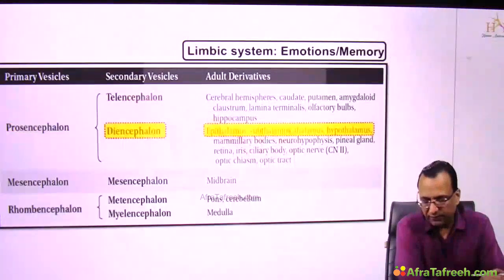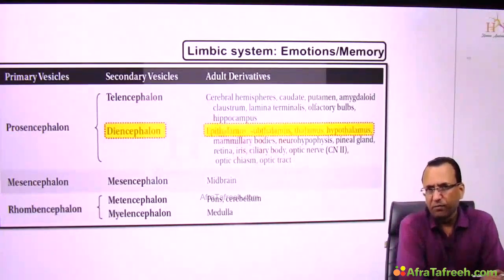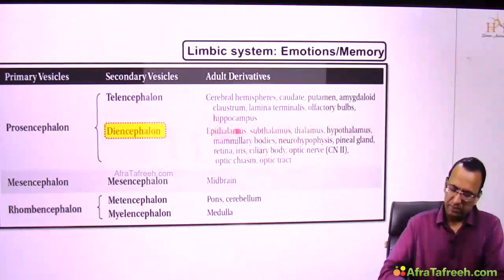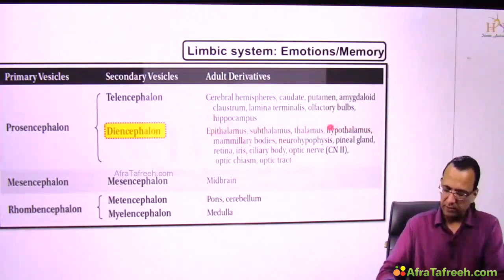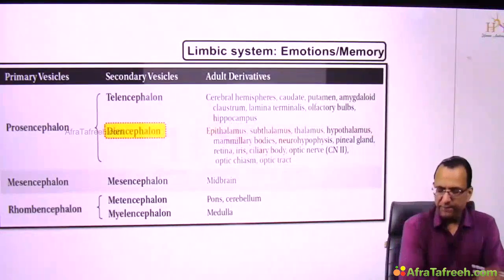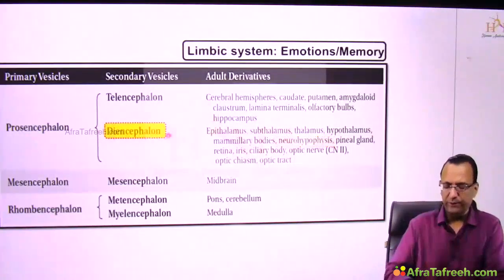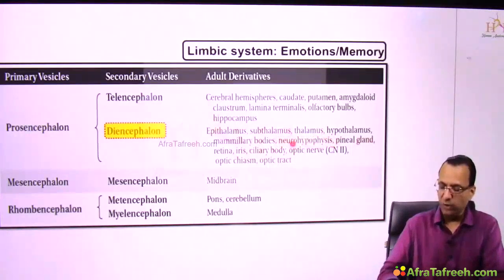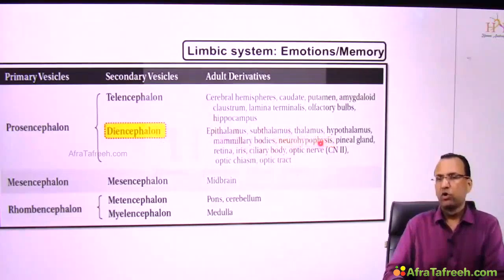Then what is in diencephalon? Diencephalon means the thalamus and related thalamus. What is related thalamus? It could be epithalamus, subthalamus, hypothalamus. Any thalamus is diencephalon. If you remember, we have told diencephalon part of the brain will have a downward extension to form the posterior pituitary, which is also called neurohypophysis.